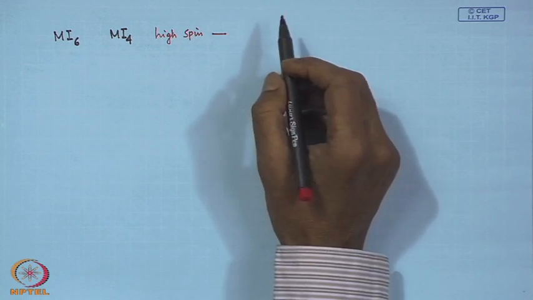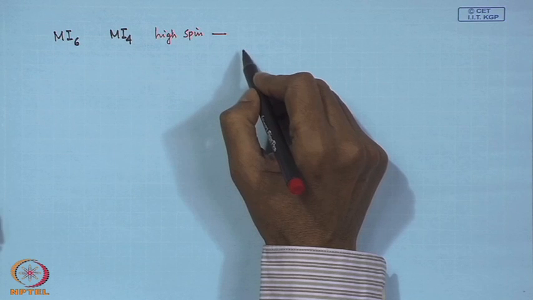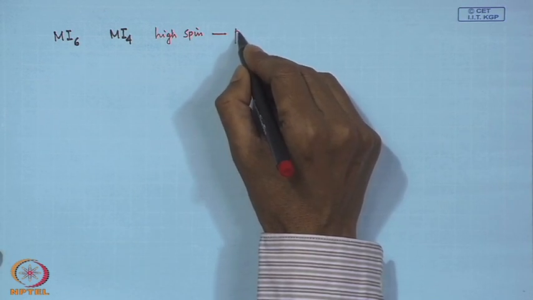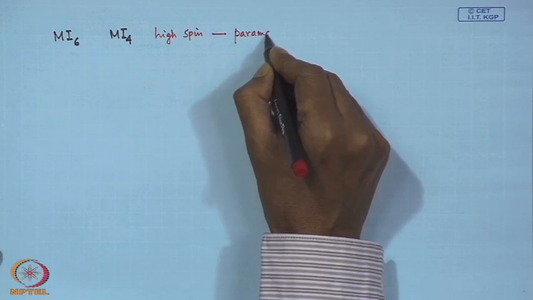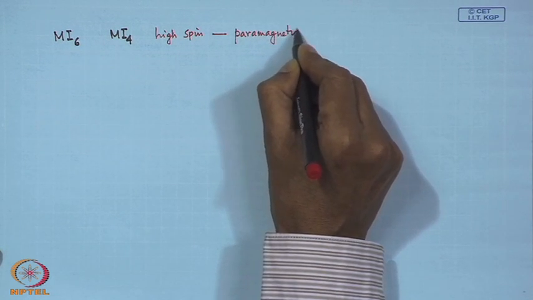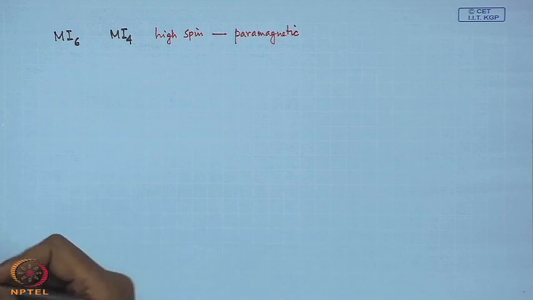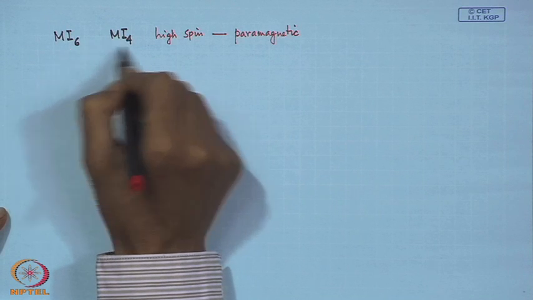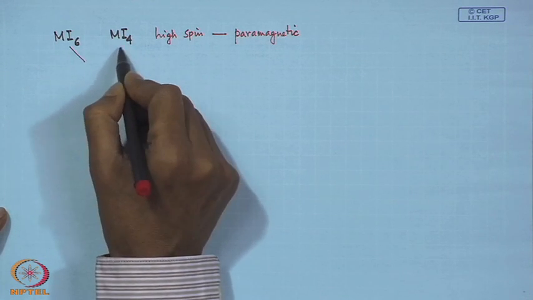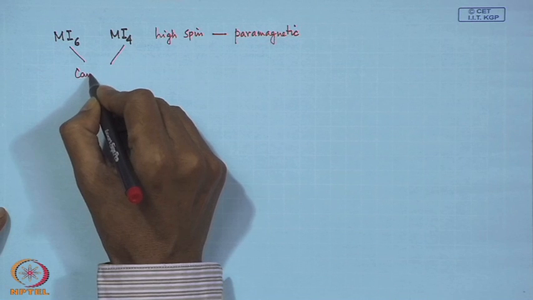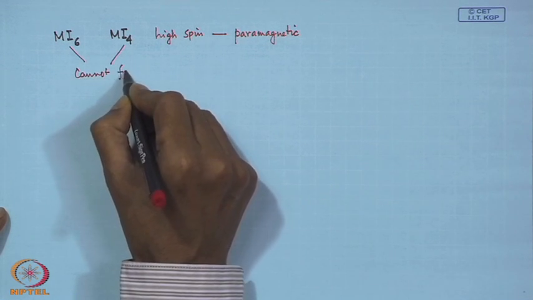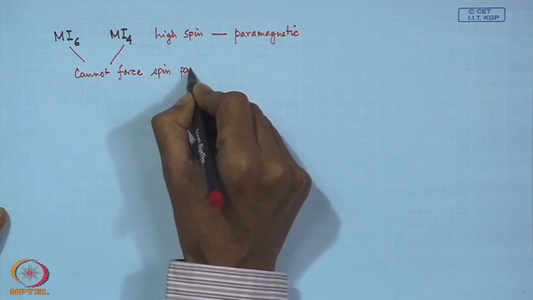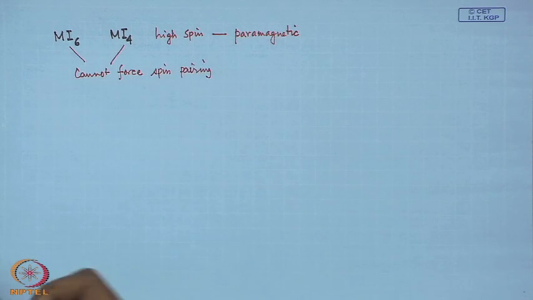Since they are high spin, we have a large number of free spins in the complex, and that is why the compounds would be paramagnetic. The iodide ligands cannot force spin pairing.